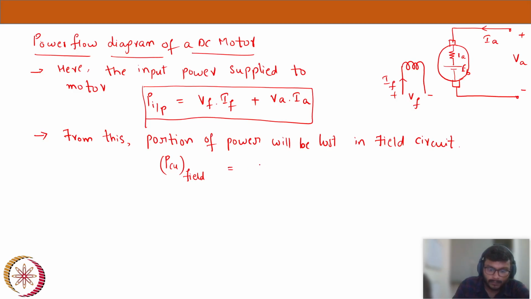That will be I square R, right? I is the current flowing through the field circuit, and R is the resistance of the field winding. You can also represent this IF square into RF in terms of voltage and current. IF into RF is nothing but VF, the DC supply we are giving to the field winding. So I can also represent it as VF into IF.